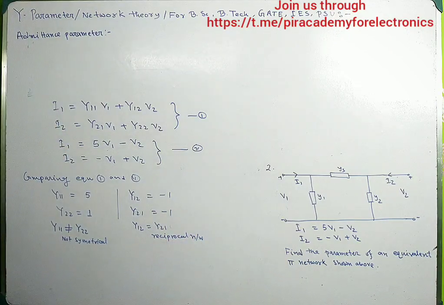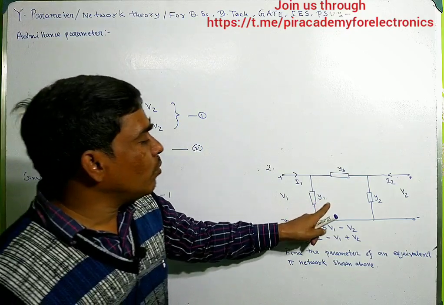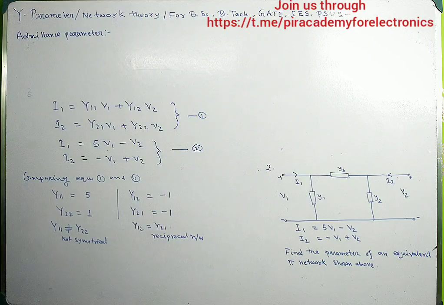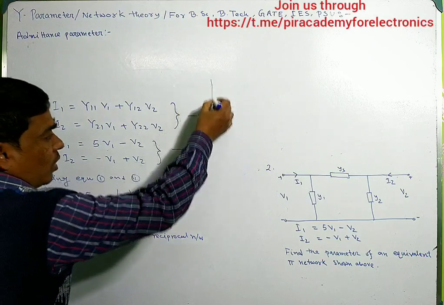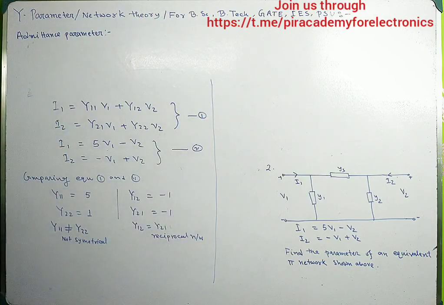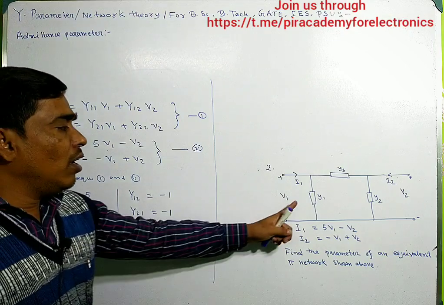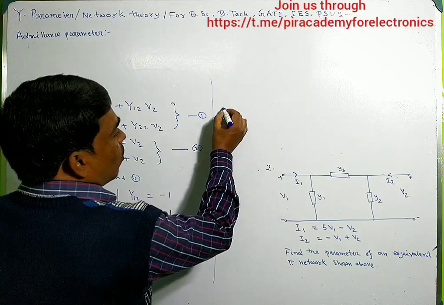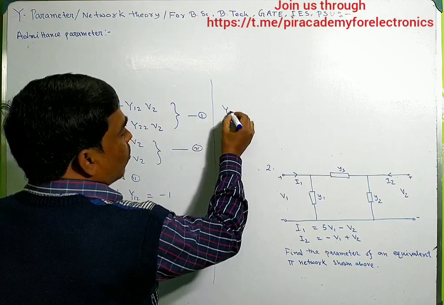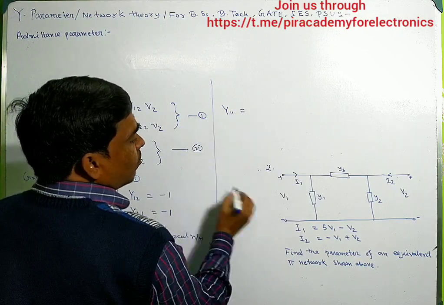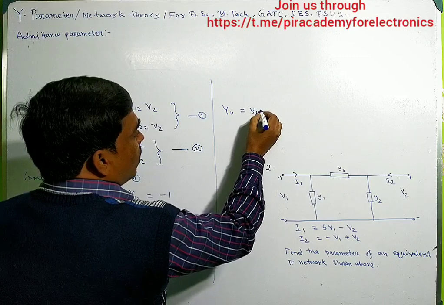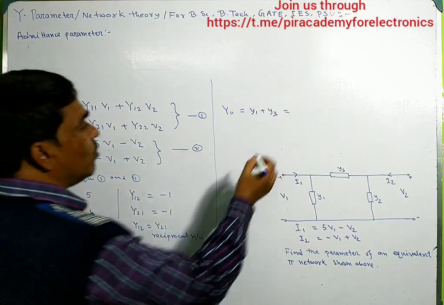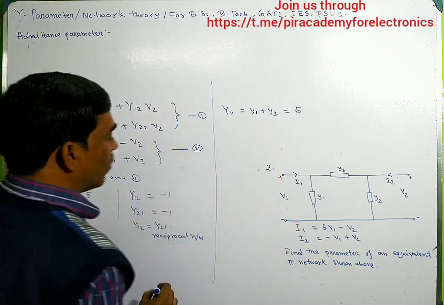Okay, now you have to find out y1, y2 and y3. So using the equations of pi network, y11 is given by y1 plus y3, and is equal to 5.